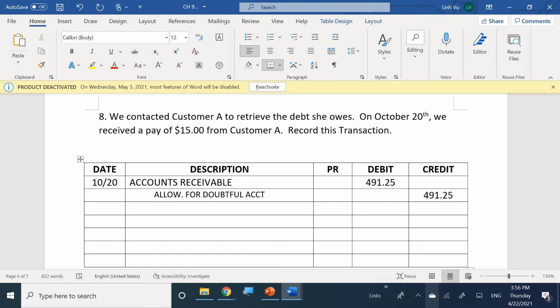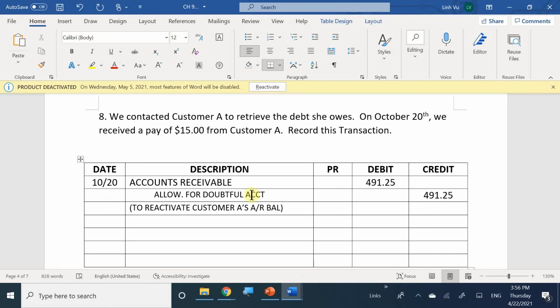All right, then I'm going to go ahead and place a note here: to reactivate customer A's accounts receivable balance. I don't know, throwing something in. That makes sense, right? Yes.